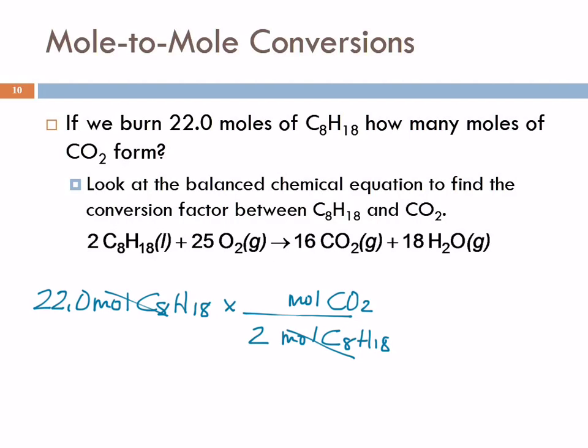I could simplify that, but I don't see the point. I might make a mistake when I did it, and that would be silly. So I've got 22 times 16 divided by 2, and that comes out to be 176 moles of CO2.